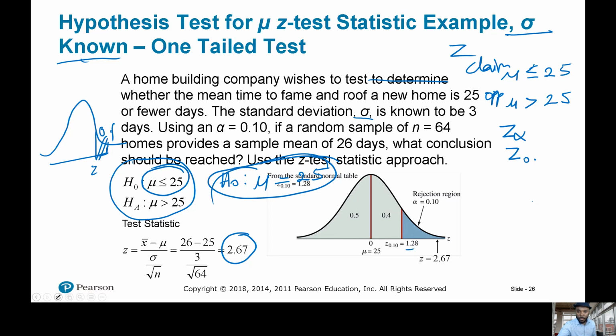So we have that z of 0.1 is equal to 1.28. And since our test statistic is in the rejection region, it implies that we are going to reject the null hypothesis since the test statistic is greater than the critical value. So that's the decision to reject the null hypothesis.